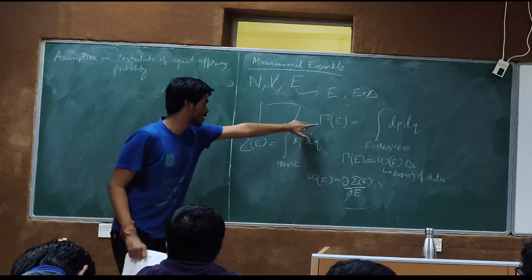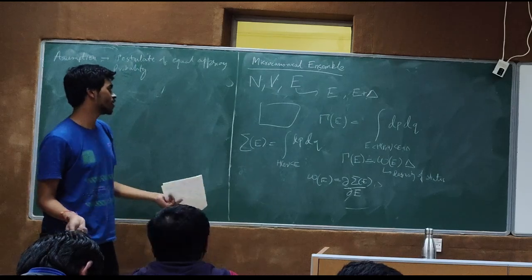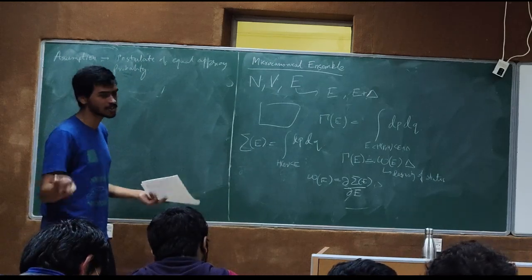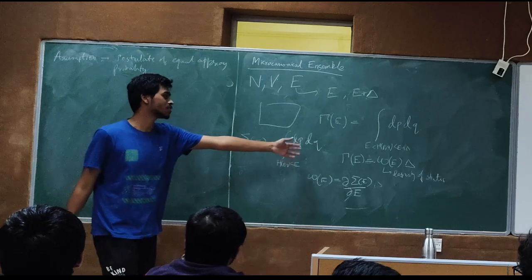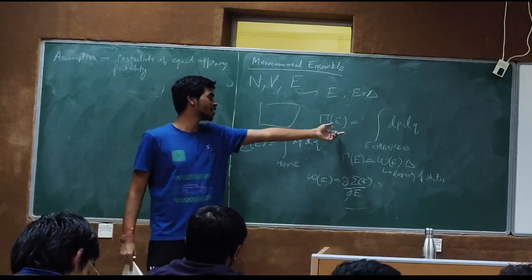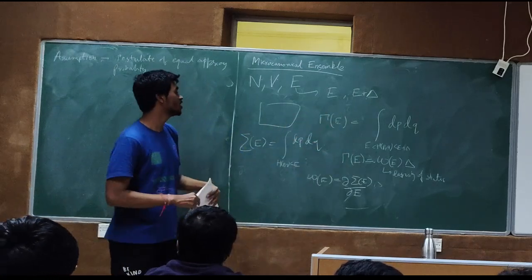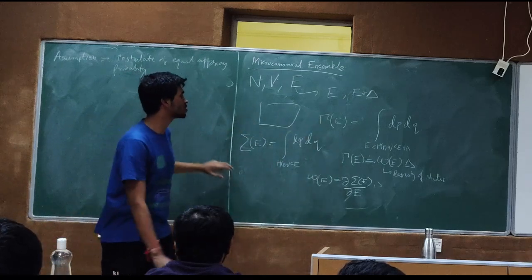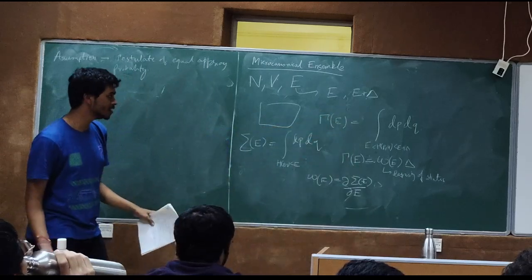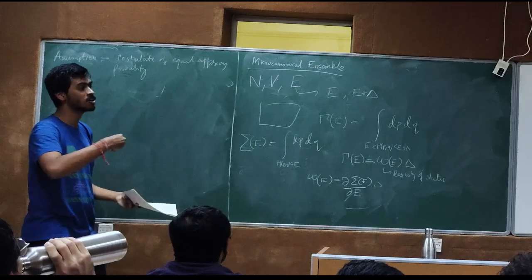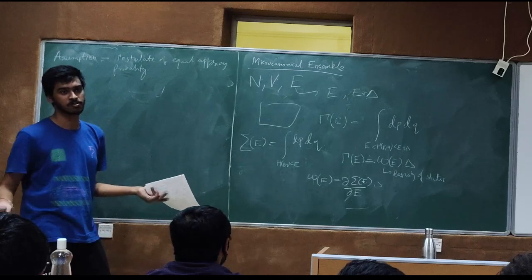So we have many states in this accessible region, and since this system is isolated and completely randomized because it's in equilibrium, it's kind of intuitive that no state in this system would be favored over another state. So basically, the equal a priori probability postulate states that all the states in this accessible region have equal probability. And so the probability distribution is constant in the accessible region, and it is 0 outside the accessible region.